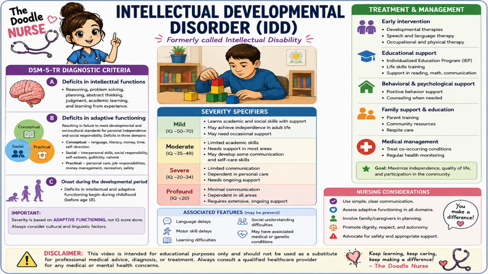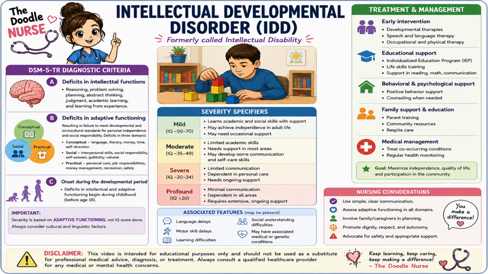Behavioral and psychological support may also be needed. Positive behavior interventions help reinforce adaptive behaviors while reducing problematic behaviors. Counseling can help address emotional challenges, anxiety, frustrations, and self esteem issues that may occur as individuals become aware of their difficulties.